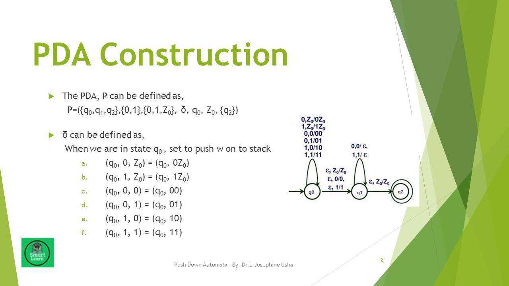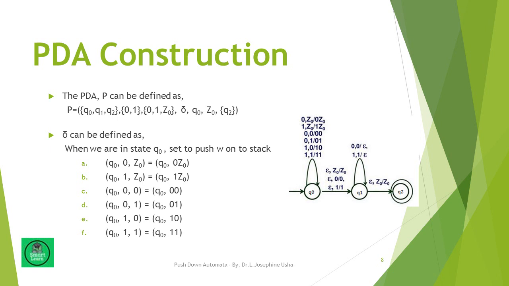If we have 0 on top, the next possible symbol may be either 0 or 1, and again you push the symbol into the stack. Similarly, if we have 1 on top, the possible symbols are again either 0 or 1, and you push the symbol into the stack, so 4 transitions will come.